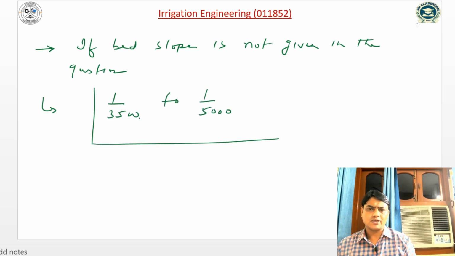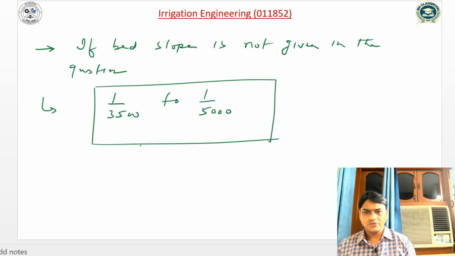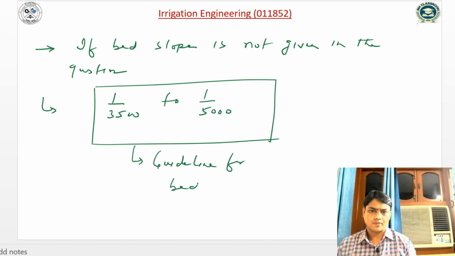In between we can take different values of bed slope and try to equate the actual mean velocity with the critical mean velocity. So this is the guideline for bed slope.